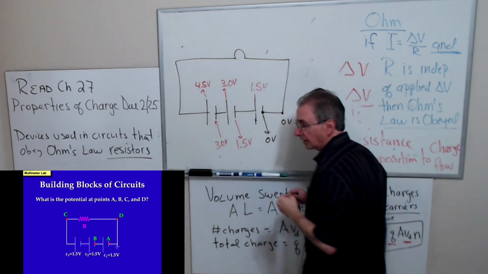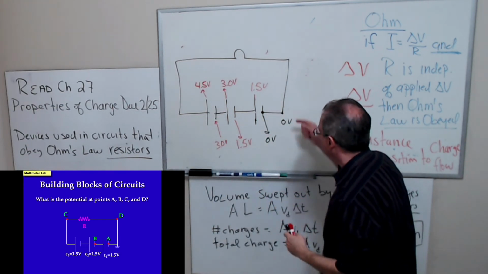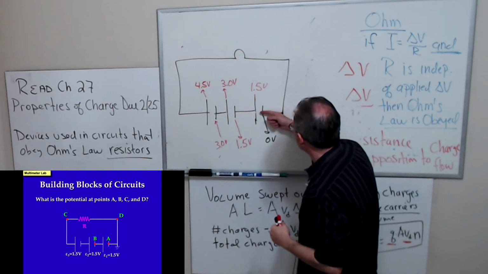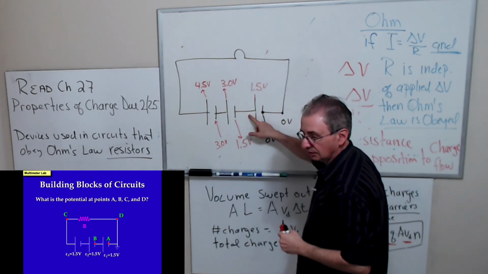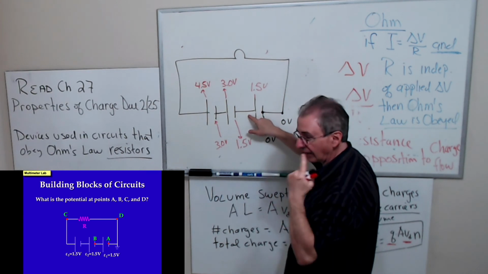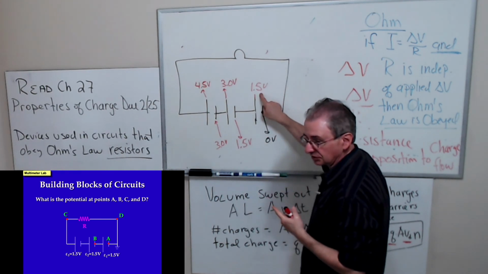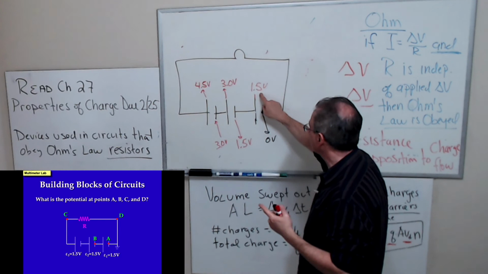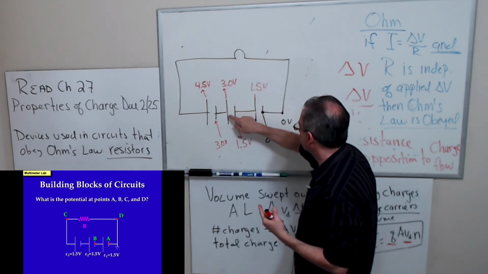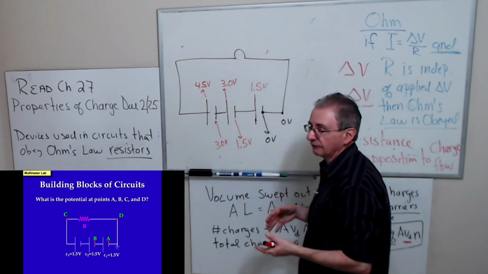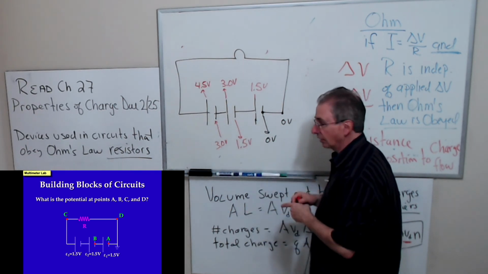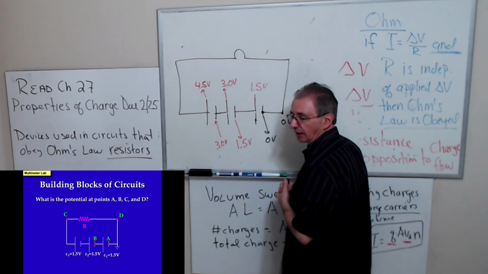If you think about the electron going through here, each time the electron goes through one of these, it picks up energy. The amount of energy is the value of the charge times this potential difference. So Q times 1.5 plus Q times 1.5 plus Q times 1.5 is going to give you 4.5 volts times Q. So each time you go through here, you pick up more kinetic energy.